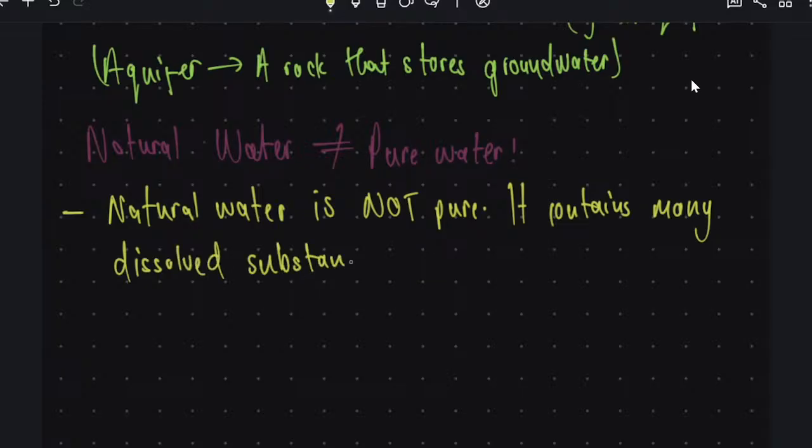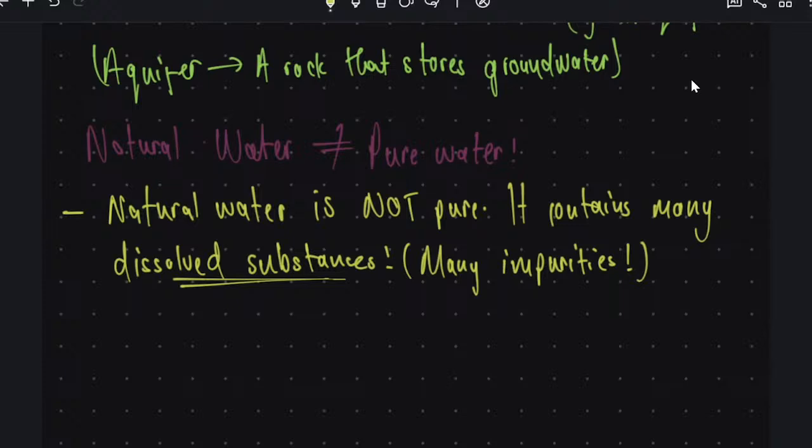Distilled water has nothing in it. It's many times not even nice to drink. So, please, natural water contains many dissolved substances. In other words, many impurities. Those are what we call impurities. Things that are in water that are not water.